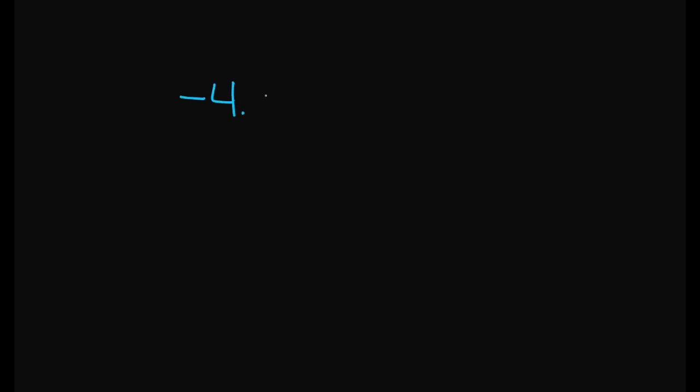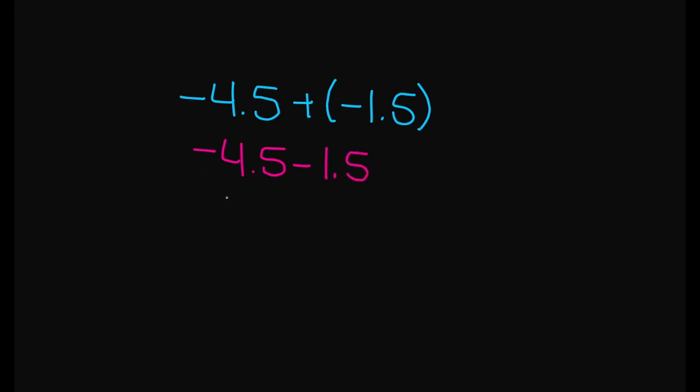Negative 4.5 plus negative 1.5. So let's look at this example here. So we're going to do negative 4.5 minus 1.5. So by looking at this example here, I'm going to add. However, even though I add, I still need to keep my negative in my answer.